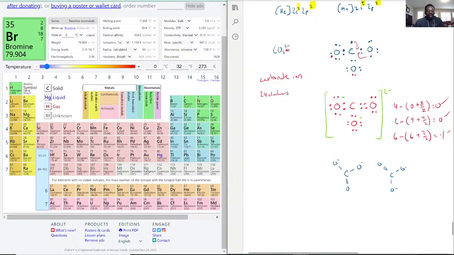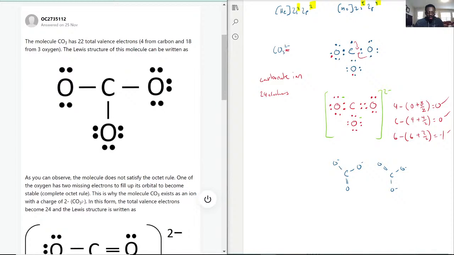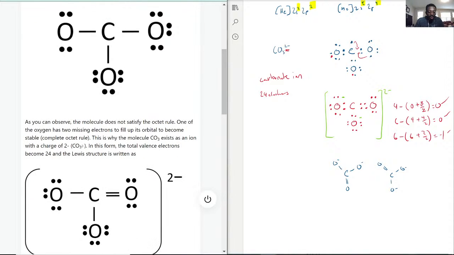Now let's go back to this 22 valence electron structure. This doesn't even satisfy the octet rule, so you need it to be charged, and that is how we arrive at the carbonate ion, because as I said, this doesn't work. Carbon, oxygen, all the rest, they're just unsatisfied.